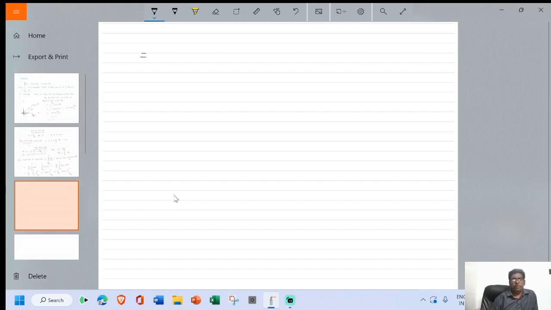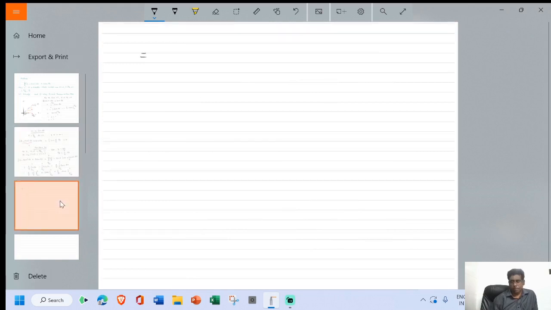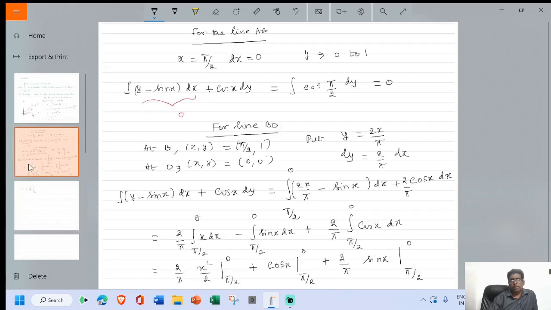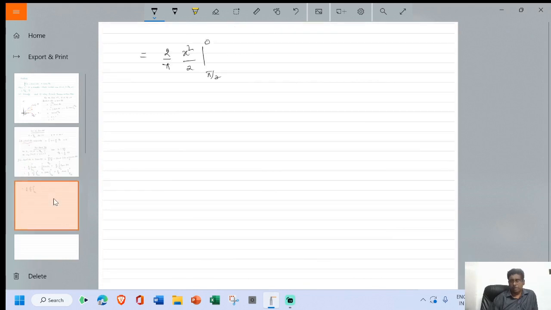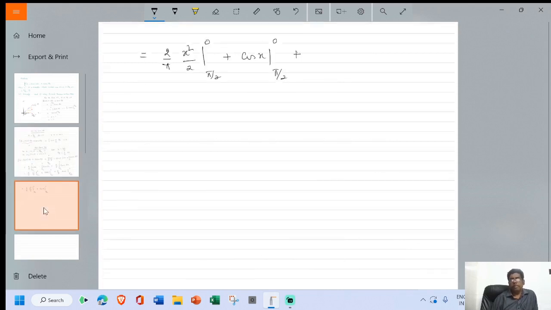This is equal to 2/π times x²/2 from π/2 to 0, plus cos x from π/2 to 0, plus 2/π sin x from π/2 to 0.